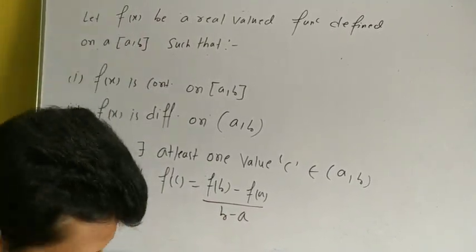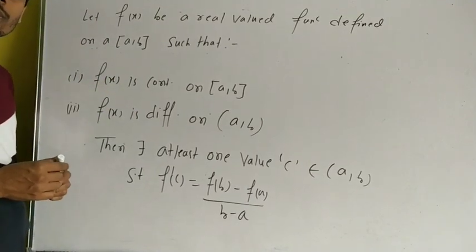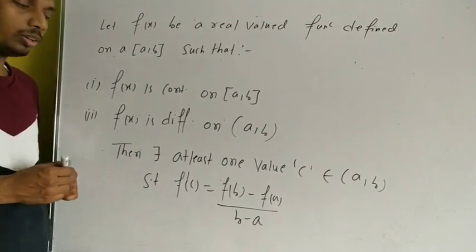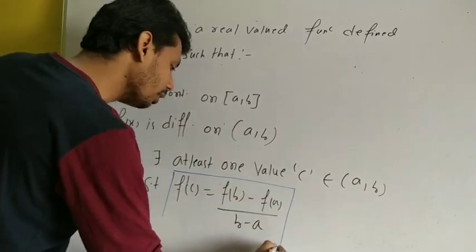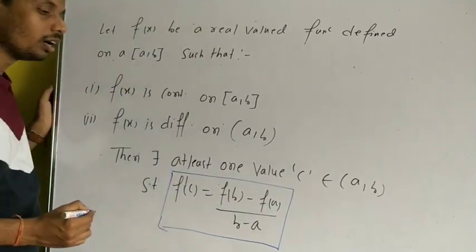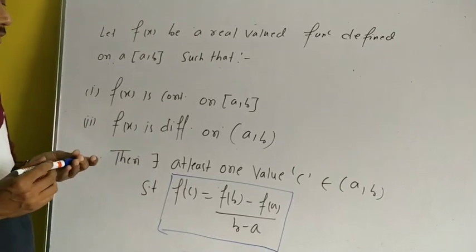In the case of Rolle's theorem, the value of f dash c was equal to 0. Here f dash c is equal to f of b minus f of a upon b minus a.